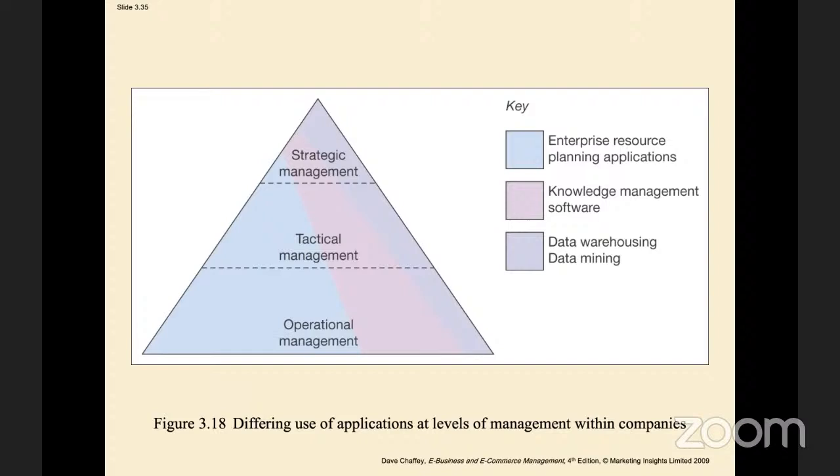First of all, enterprise resource planning applications, then knowledge management software, then data warehousing, data mining. Now here are the three obvious levels: strategic management level, tactical management level, and operational management level. So here are different colors that show these applications and different management levels within the companies.